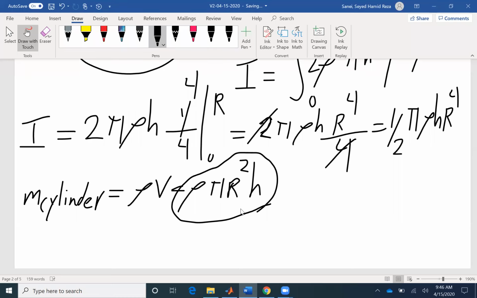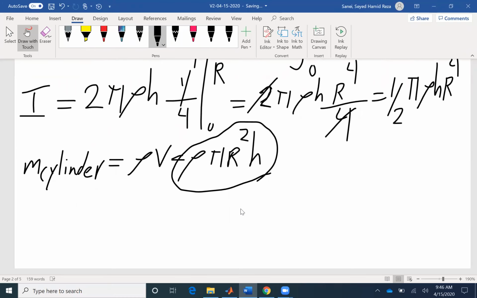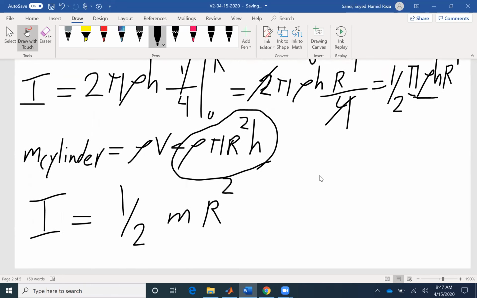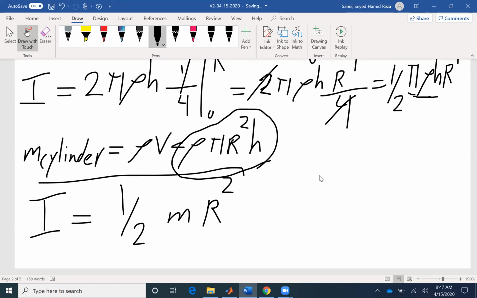So if I use this in my equation, I find I to be half of m r squared. Instead of pi rho h and r squared, I used mass and I get my I. So we know that the moment of inertia of a cylinder is half m r squared.